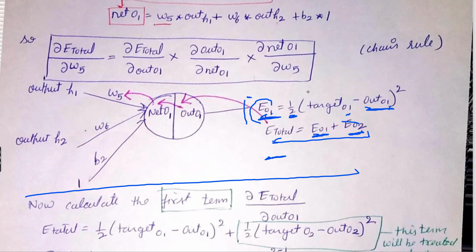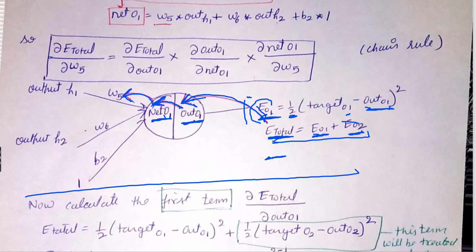This E total is related to the output of O1, and the output of O1 is related to net O1, and net O1 is related to W5. In this way the chain rule is working here. We cannot directly differentiate E total with respect to W5, so we will use this chain rule.